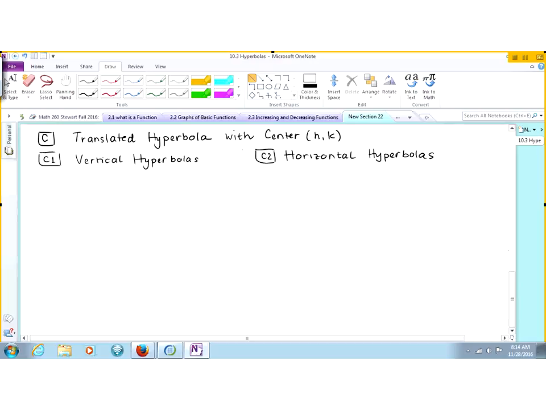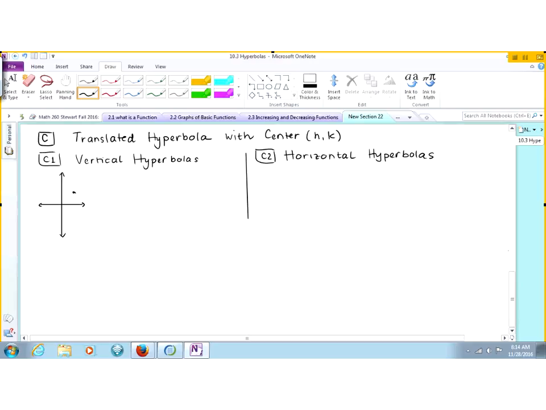I don't think I need to draw it, because we will sketch it later. All right. So vertical hyperbolas. What do you think the equation will be? Or maybe you want me to draw it? I could.